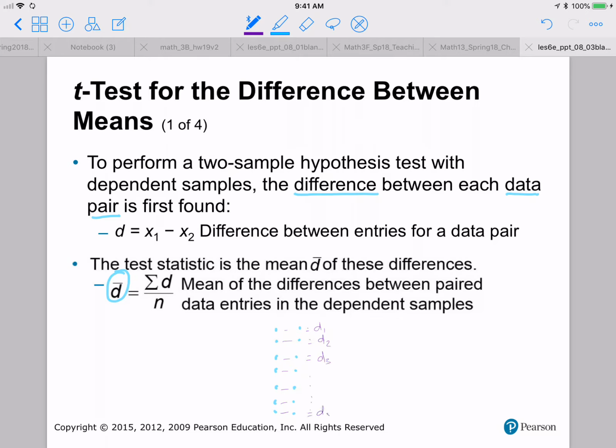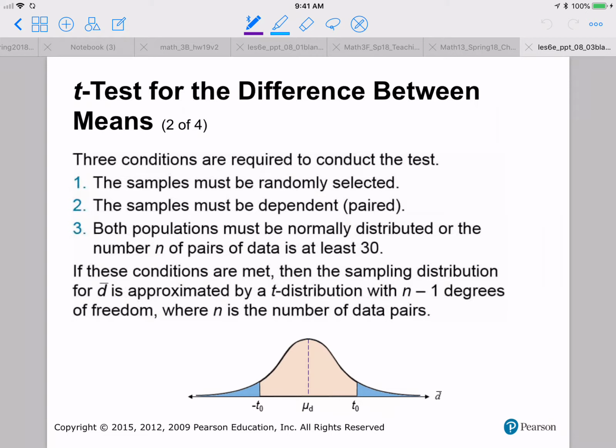I believe this goes up to D7. So our test statistic, D bar, is the sum D1 plus D2 plus all the way up to D7, divided by 7. It's the average of the differences between the paired data entries.